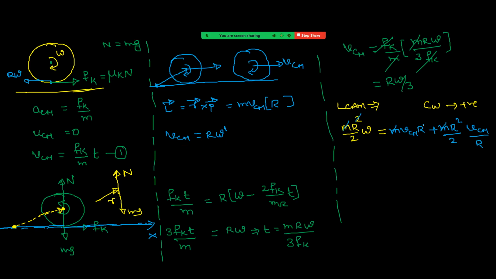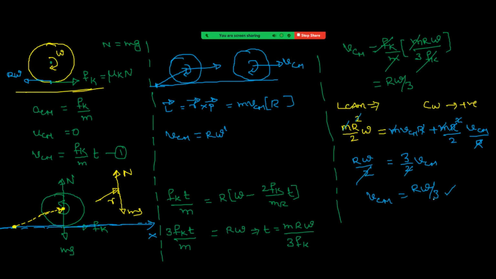We can cancel R also. Remaining is now VCM plus VCM by 2. It is now 3 by 2 VCM. That is equal to R omega by 2. 2 gets cancelled. So VCM is equal to R omega upon 3.